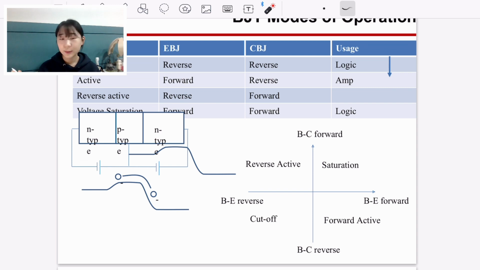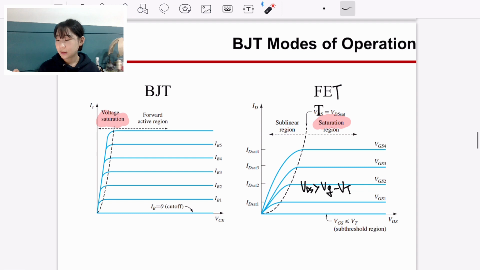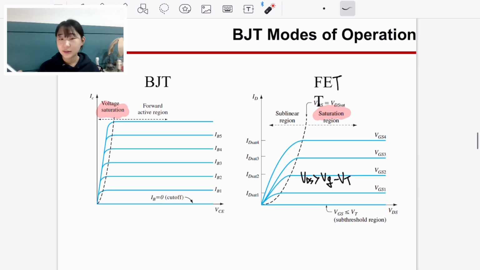And this is the mode operation of BJT and FET in the IV characteristic diagram. The important thing is that the saturation region is opposite between these two transistors.